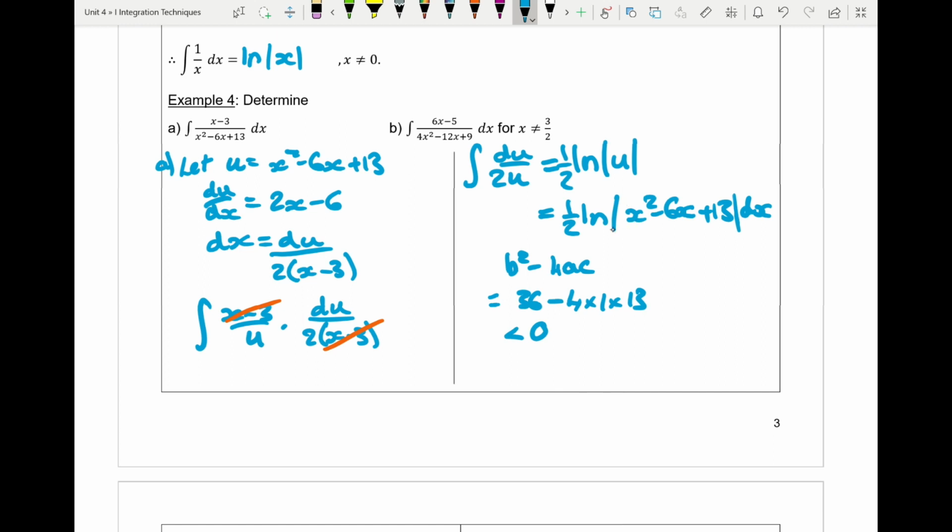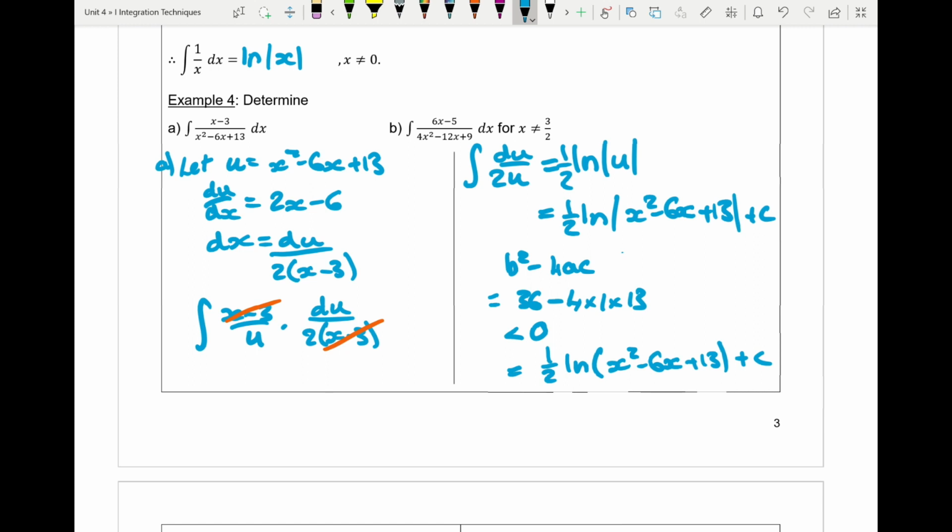The leading term is positive, so this is actually the same as 1/2 natural log of just the bracket, plus c. I don't know why I wrote dx there, that should be a plus c. We don't need the absolute value, because there is no point at which that function is negative.